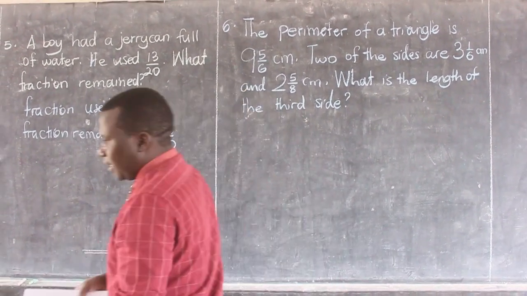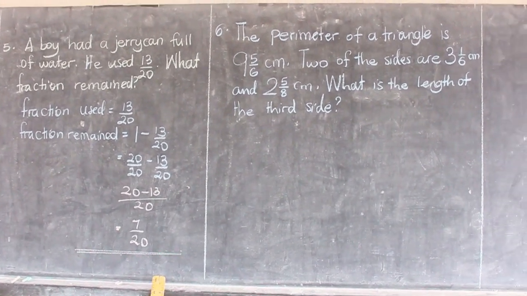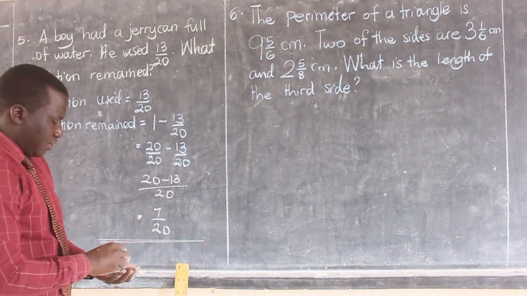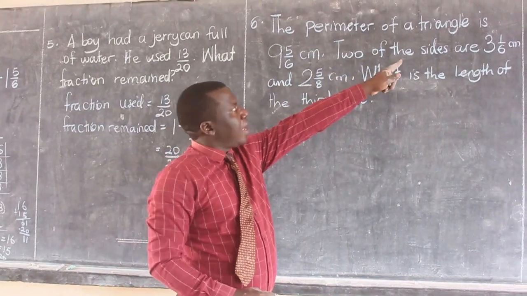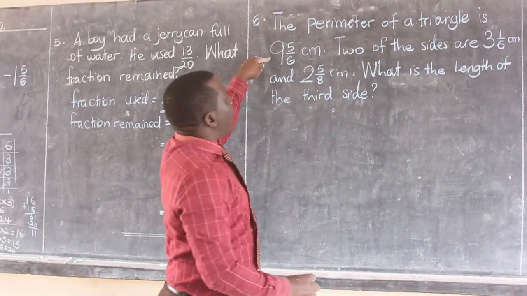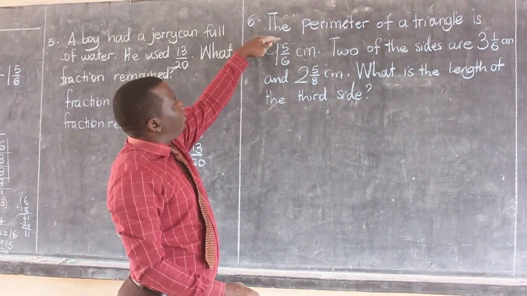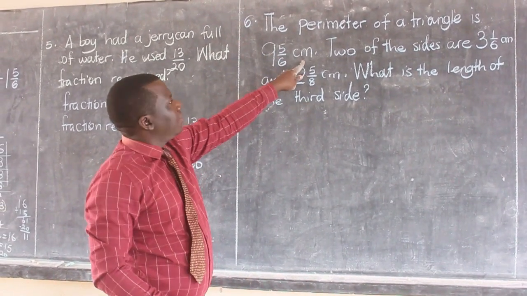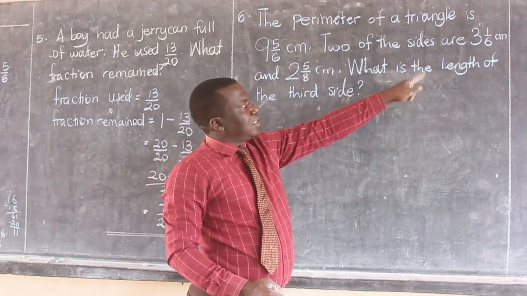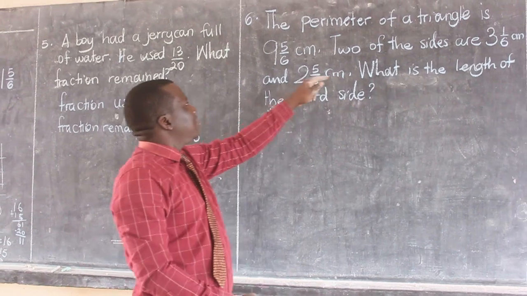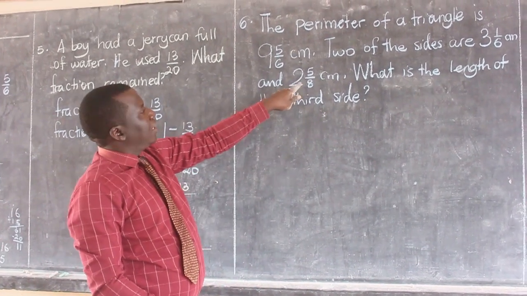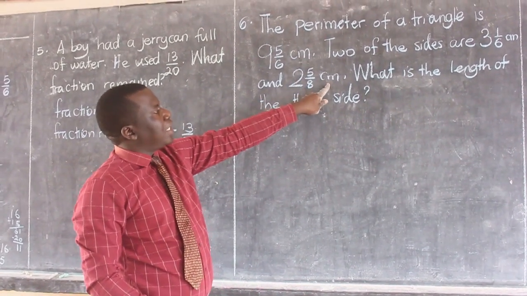Okay, in our last example we are seeing, let's read together. The perimeter of a triangle is 9 whole numbers, 5 out of 6 centimeters. 2 of the sides are 3 whole numbers and 6 centimeters, and 2 whole numbers and 5 centimeters.